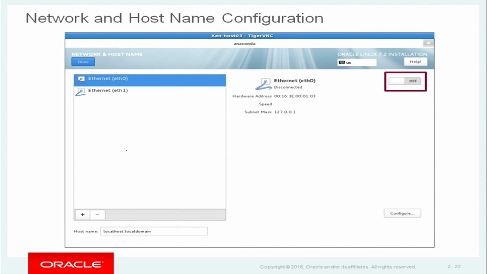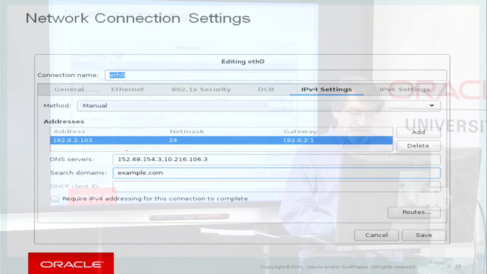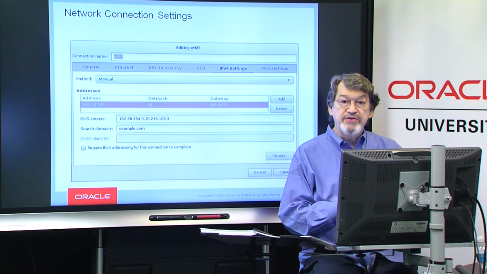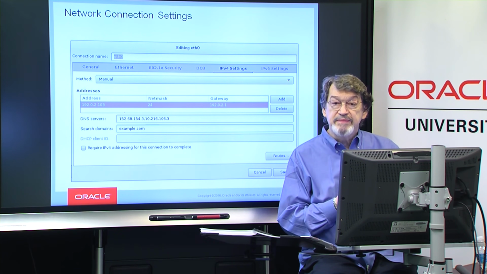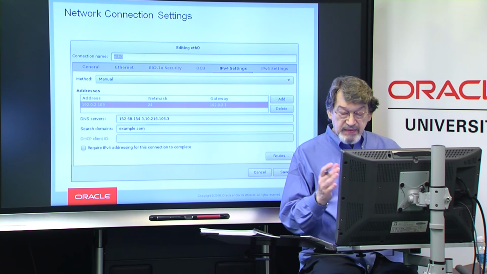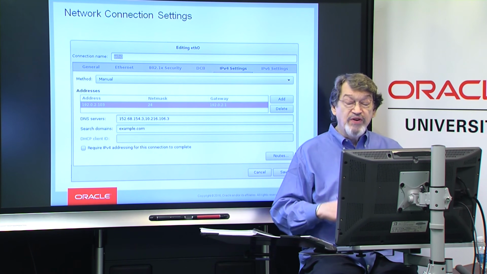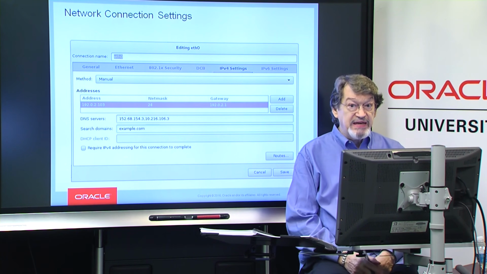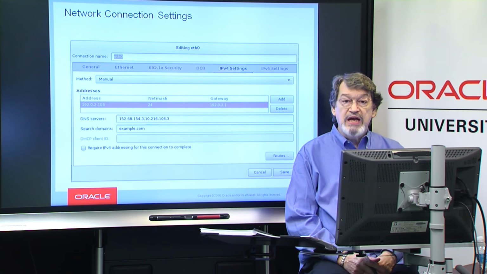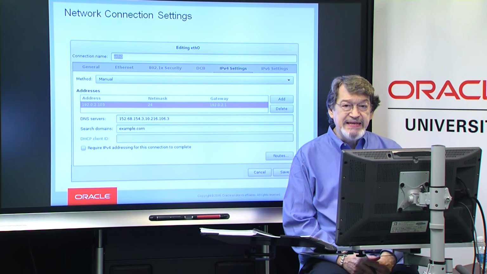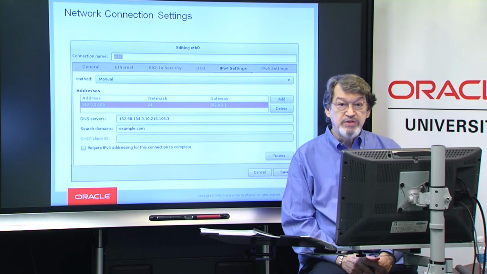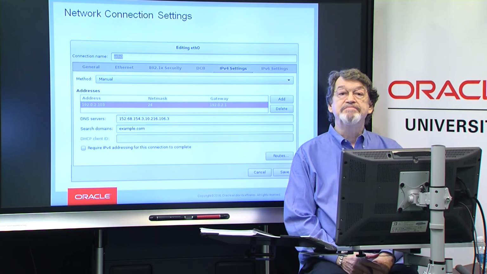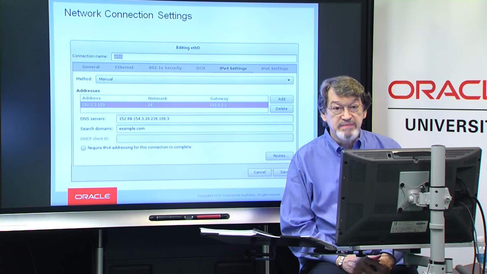Now, while I'm talking about it, Oracle, as are a lot of companies, still very much an IPv4 company. Yes, I'm fully aware that IPv6 has been available since 1996. This material was produced in 2016. 20 years.